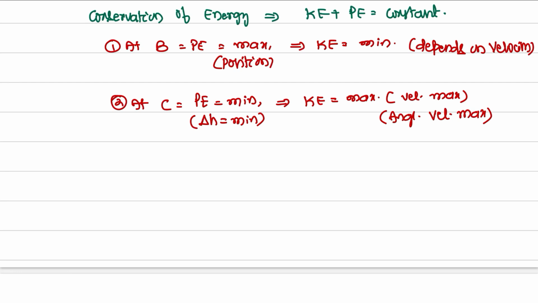At B, kinetic energy is either minimum or 0, and kinetic energy is maximum at C. These are the principles which are used in Lagrangian.